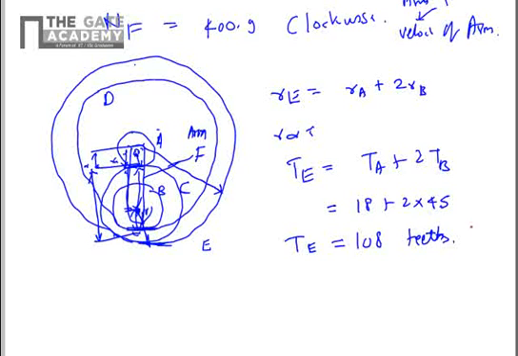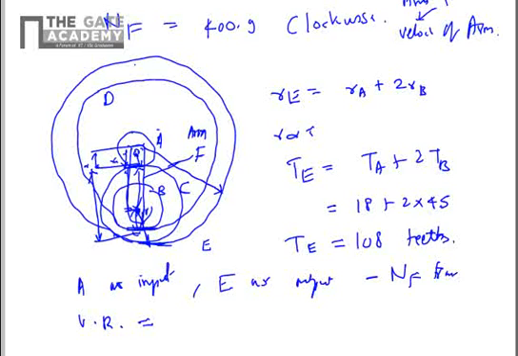So now again we will follow the same procedure. We will consider A as input and E as output, and first determine the velocity ratio. In the minus NF frame of reference, the arm is fixed.